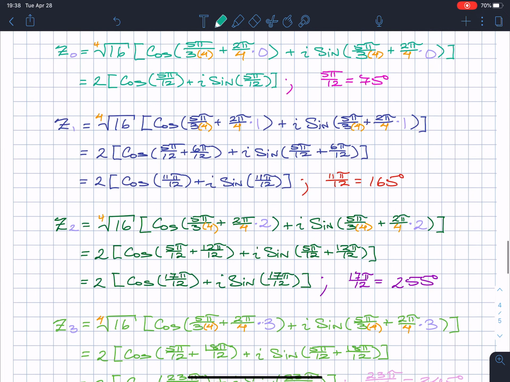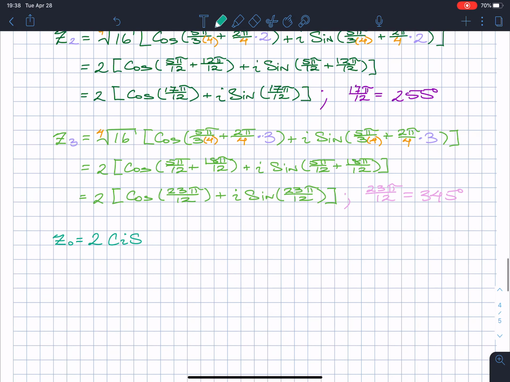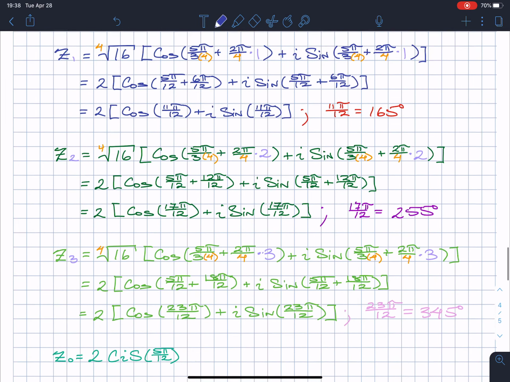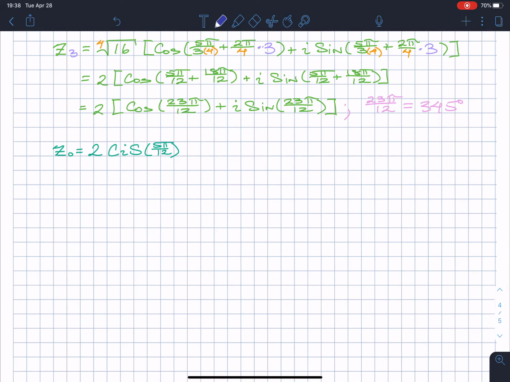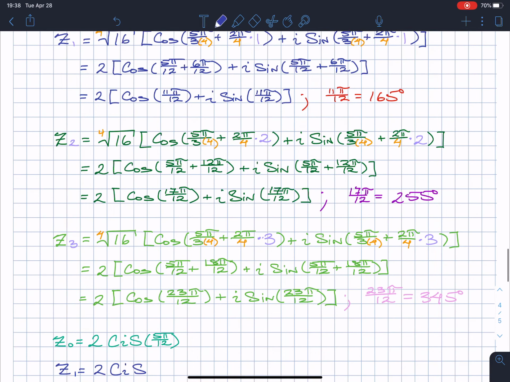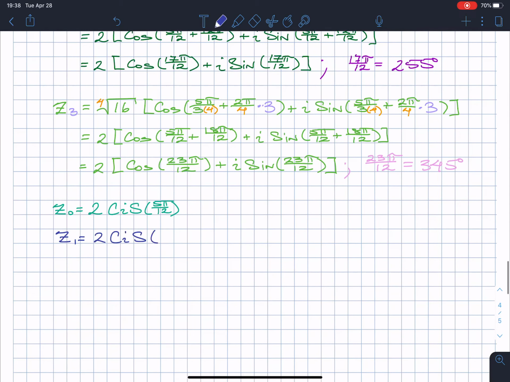It was 75 degrees or 5 pi over 12. What color did I use for z sub 1? So z sub 1 is 2 cosine plus I sine of 165, which is 11 pi over 12.